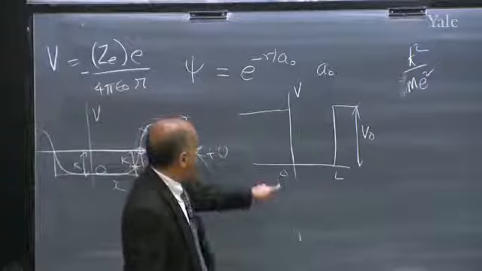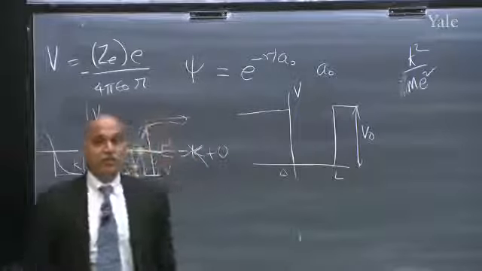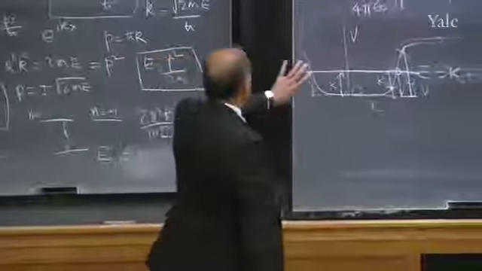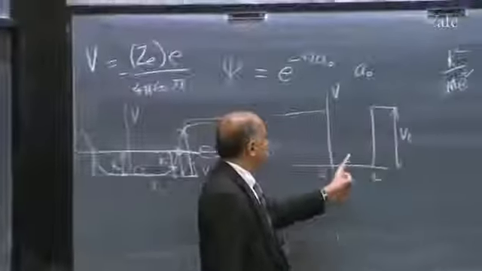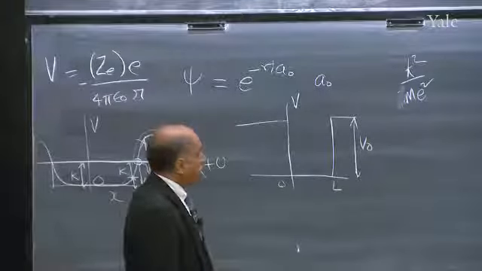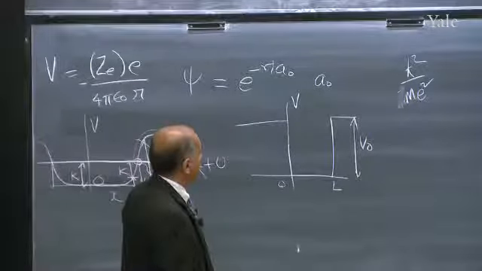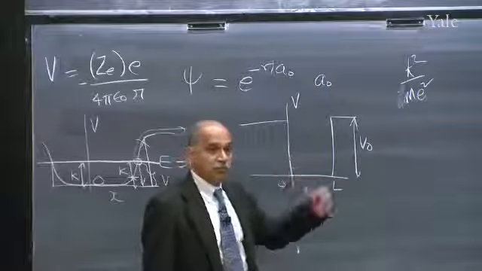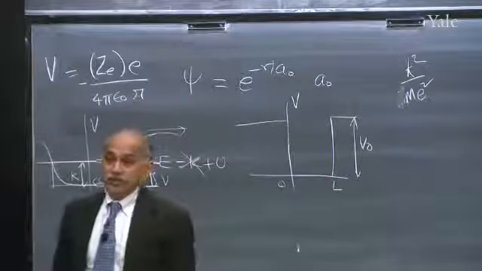It has very sharp walls because that makes it easy to solve the equation. In real life, potentials are rounded off. My fake potential has sharp corners. And I want to take a particle of some energy and ask, what are the allowed energies in this problem? And what do the corresponding functions look like? That's what we're asking.